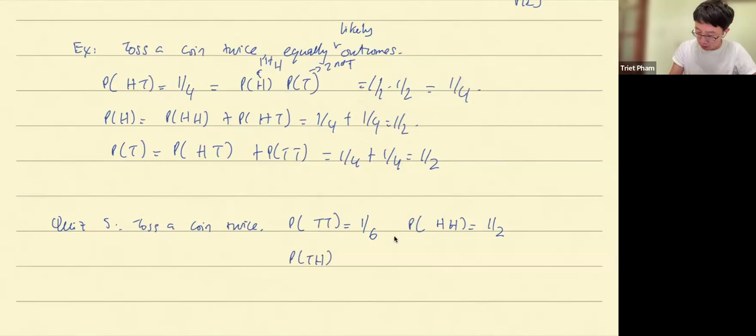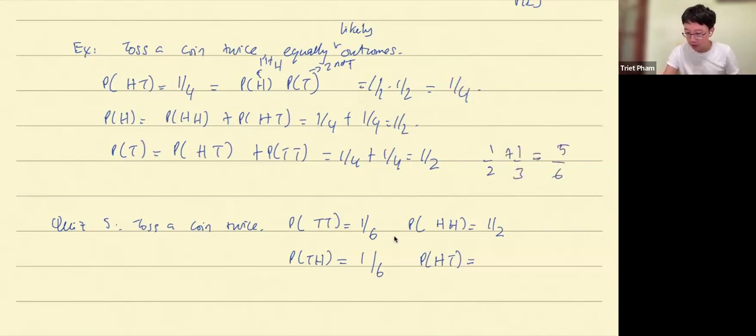Probability of tail is 1/6. 1/6 plus 1/6 is 1/3, right? So I'm just confused. And what's the last one? 1/3 plus 1/2 is what? 5/6, right? Oh, no, 1/6. Hold on. Yeah, I want to change to something else. Let's say 1/4. So 3/4.